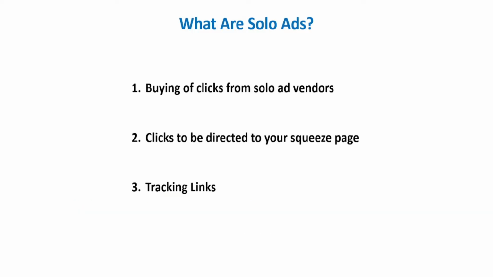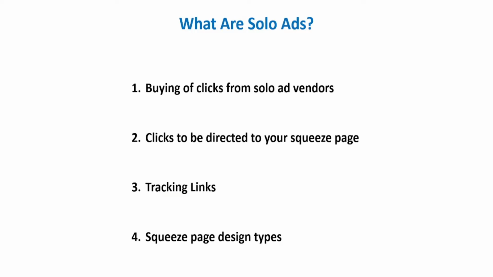The next one is the squeeze page design types. A squeeze page, also called an opt-in page, is nothing but a single-page website where you collect information about the solo ads traffic. It's going to be either your first name and email address, or if you have a very advanced squeeze page, then you might collect even contact information like phone numbers and so on.